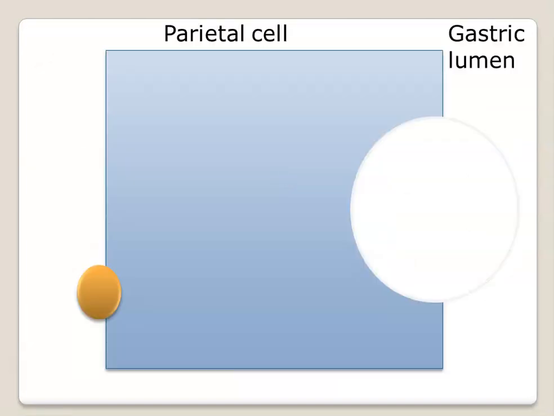And now we come to the mechanism of HCl secretion. So this is the parietal cell, and this is the gastric lumen, and here is the interstitial space, and after this the plasma is present. So this is the proton pump, the H plus K plus ATPase.